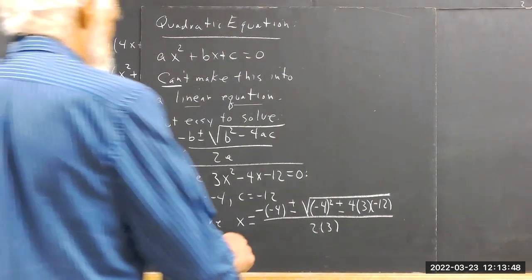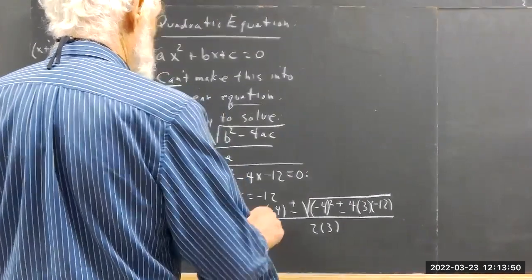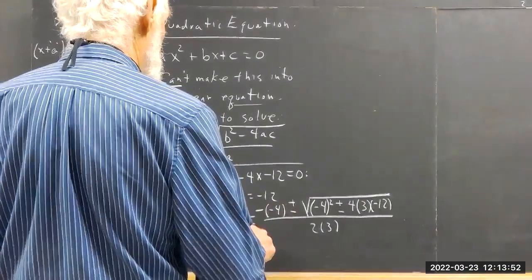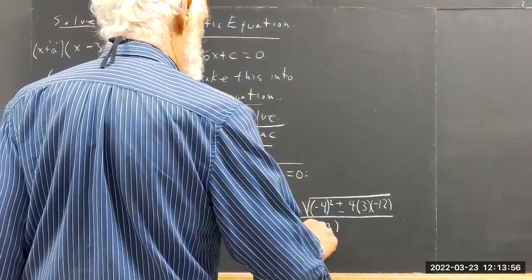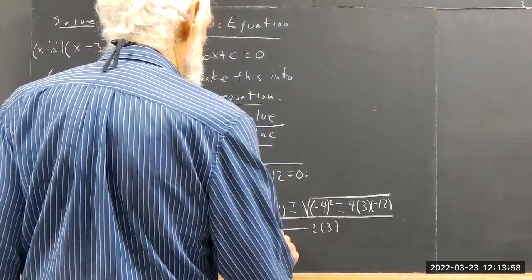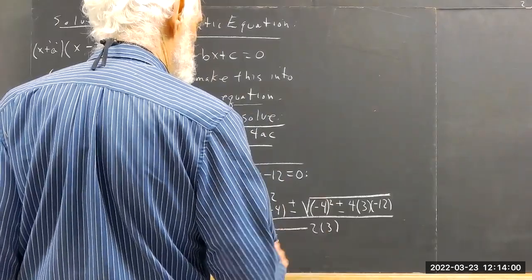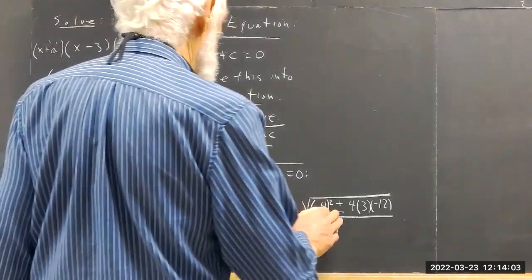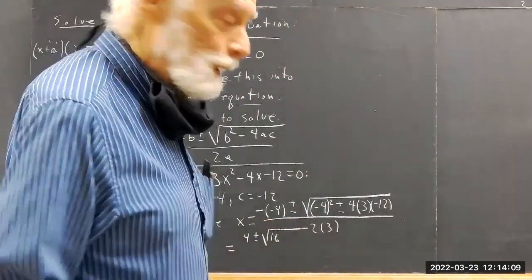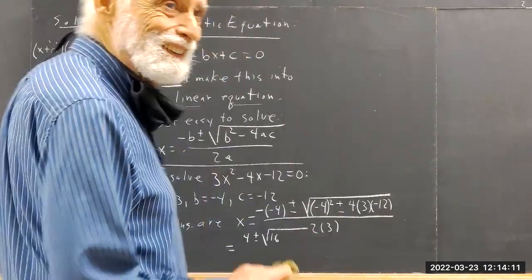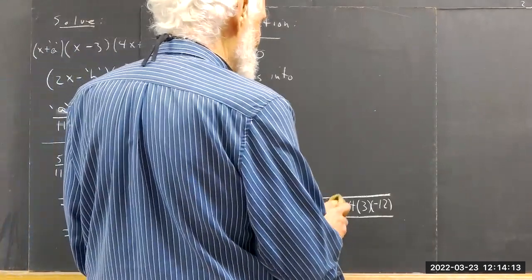Now we do the arithmetic, or at least we start the arithmetic. The negative of -4 is 4. -4 squared is 16. And I wrote a plus or minus here because y'all are trying to trick me. You asked about the plus or minus just so I do that. It's minus, not plus or minus.